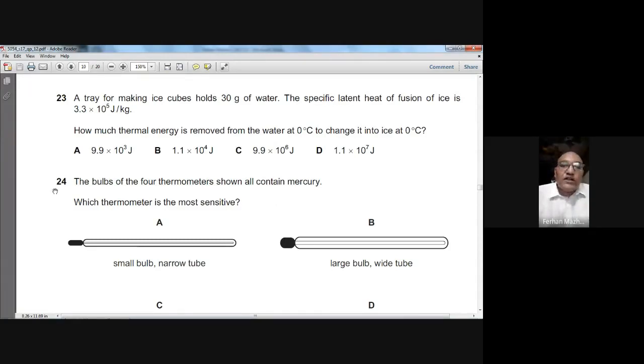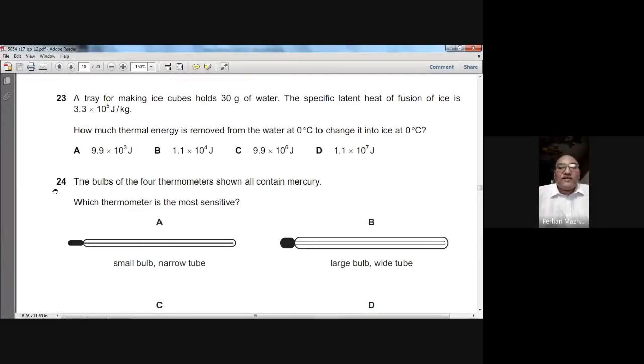We can find it with the formula heat is equal to m multiplied by L, where m is the mass of the water and L is the specific latent heat of fusion. If you look carefully, the mass of the water which will convert into ice is 30 grams, but the specific latent heat of fusion of ice is 3.3 × 10^5 joules per kg.